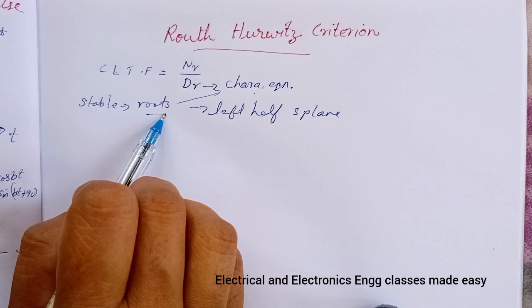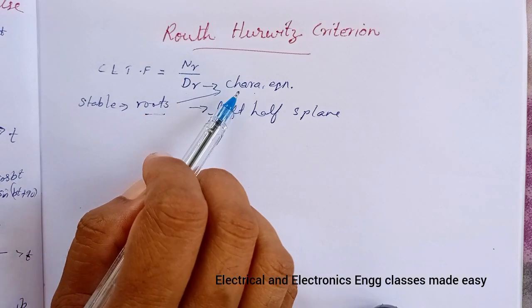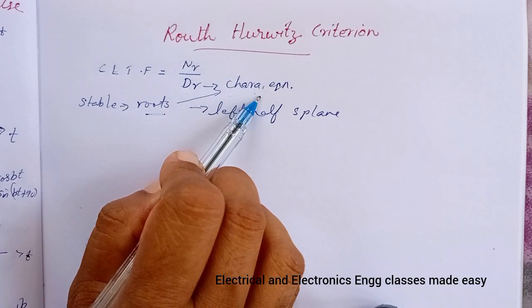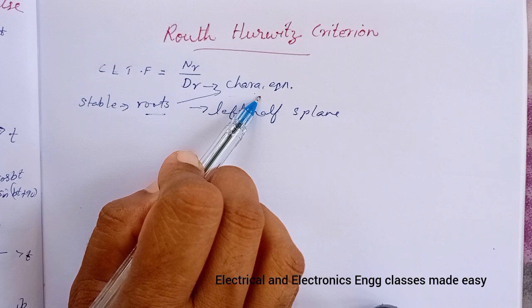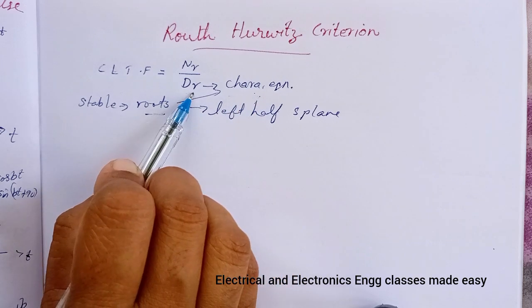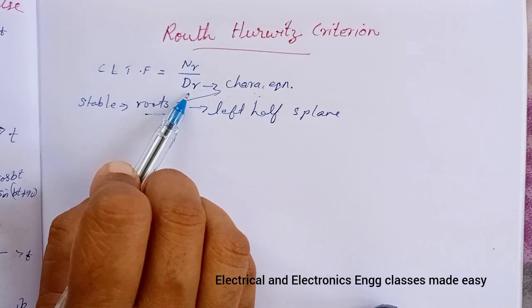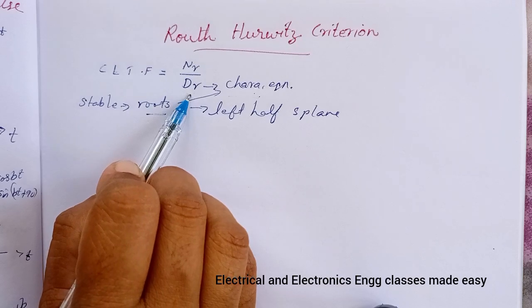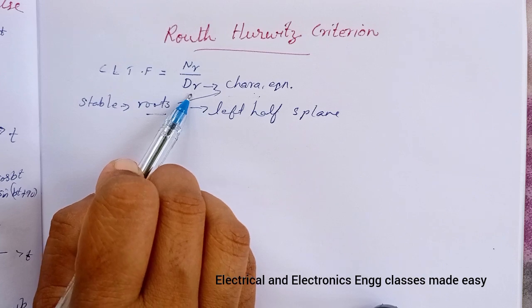The first step in analyzing the stability of a system is to examine its characteristic equation. And the necessary condition for stability is that all the coefficients of the polynomial be positive. If some of the coefficients are 0 or negative, it can be concluded that the system is not stable.